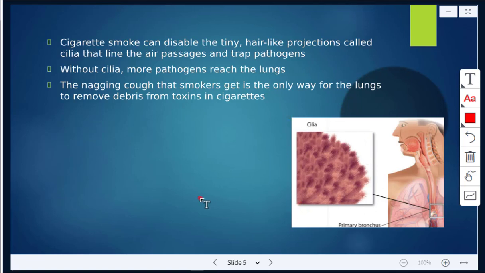So that cigarette smoke can disable those cilia. And if we don't have cilia or the cilia aren't functioning properly, more pathogens then will reach the lungs. So you'll notice that smokers, they have that nagging cough, and that's the only way for the lungs to remove any debris from the toxins in cigarettes.